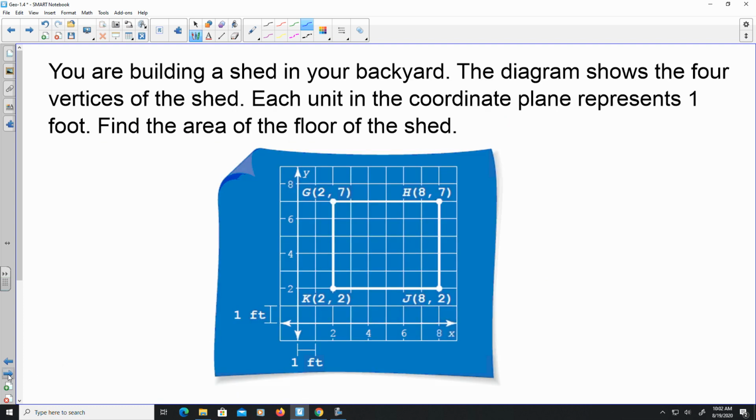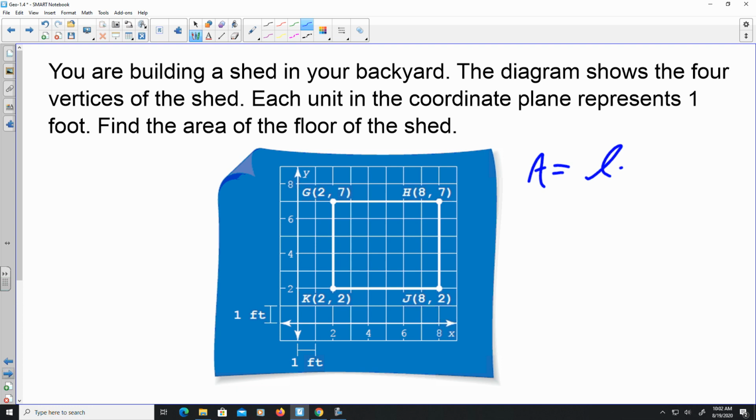Finally, here it says you are building a shed in your backyard. The diagram shows 4 vertices of the shed, so it looks like it's got 2, 7, 8, 7, 2, 2, and 8, 2, respectively with G, H, K, and J. Find the area of the floor of the shed. So it's a rectangle.